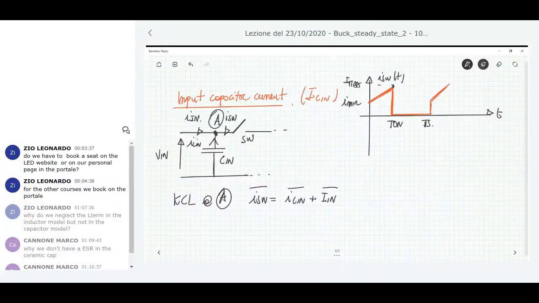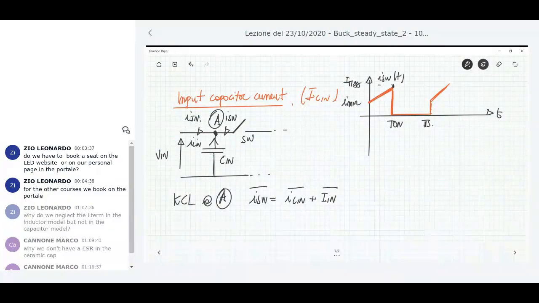As you can see, as I said last time, the Kirchhoff current rule is a linear operator, and the average is also a linear operator, so we can exchange the summation with the average operation. So the Kirchhoff current rule can be employed for instantaneous values and also for average values.